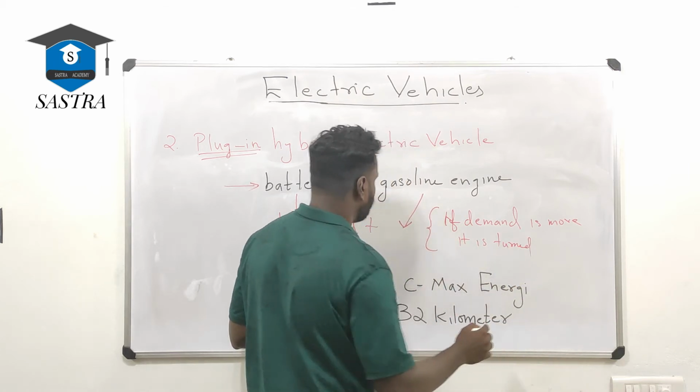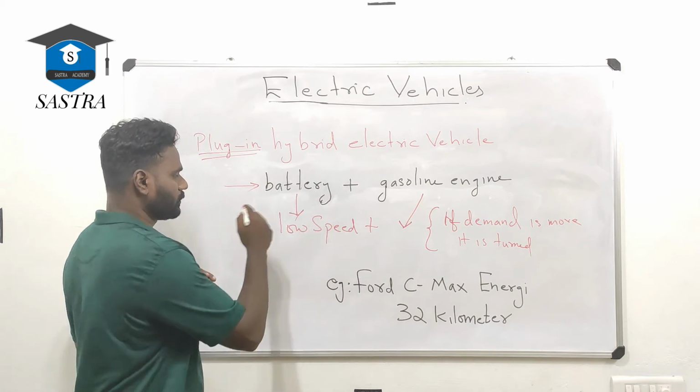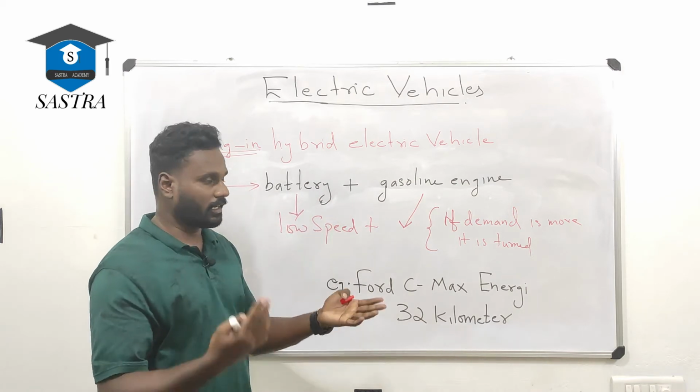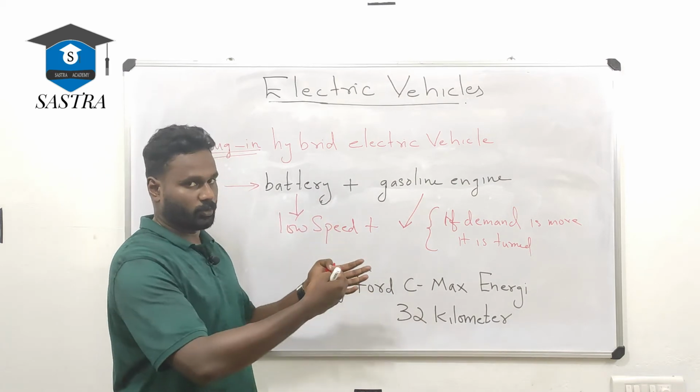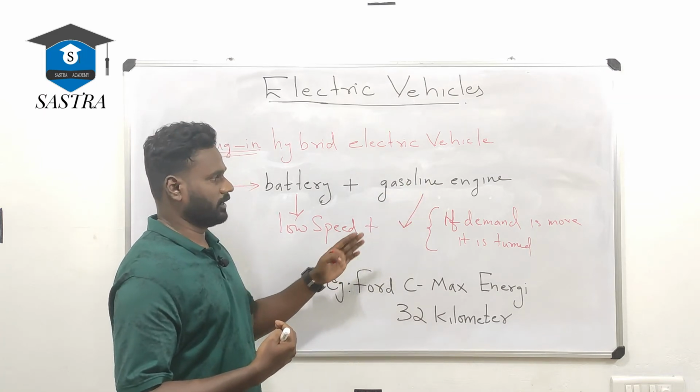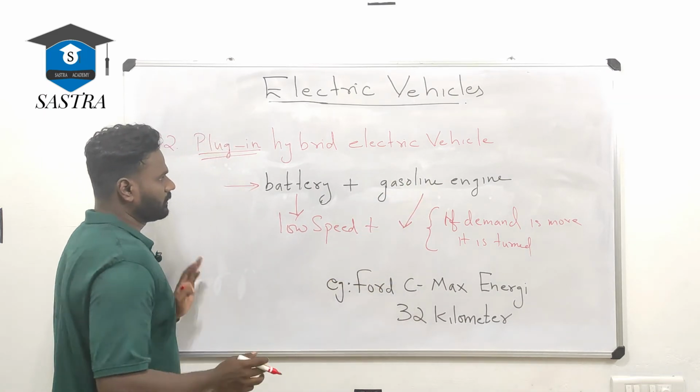So in normal cases the battery is used, and if there is any additional demand, the gasoline engine can be turned on and the demand can be met. This is the only difference.